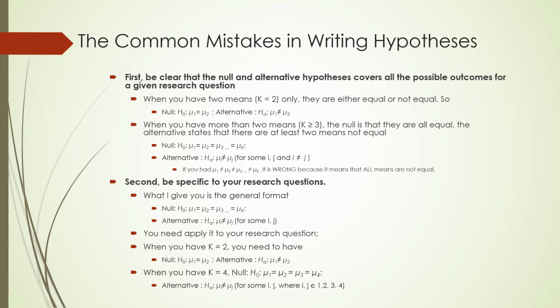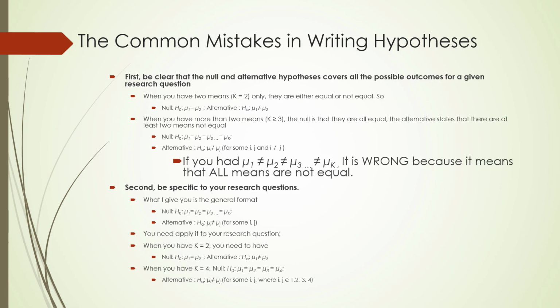For the alternative hypothesis, a common mistake is to say mu1 not equal to mu2 not equal to mu3 not equal to mu4. This implies that none of the means are equal. Why is this wrong? Because the null and alternative hypotheses together need to cover all possible outcomes. The null hypothesis says all means are equal.